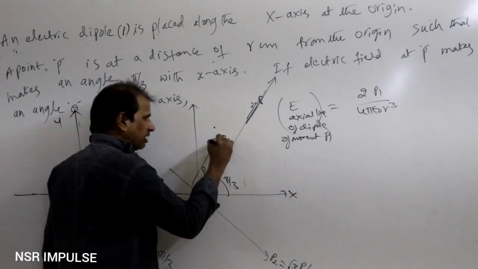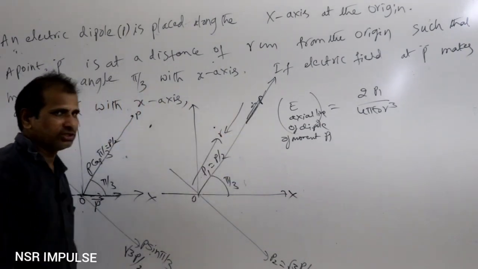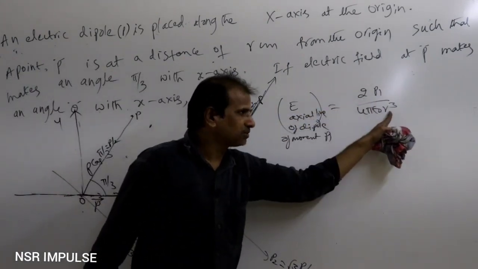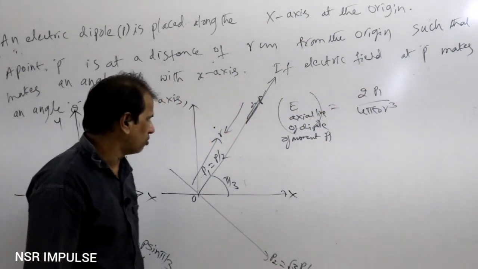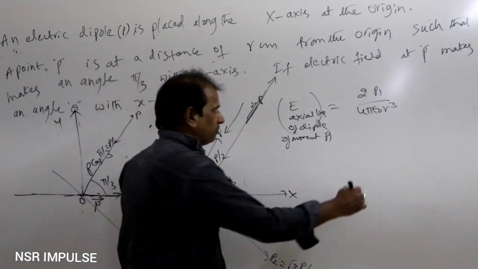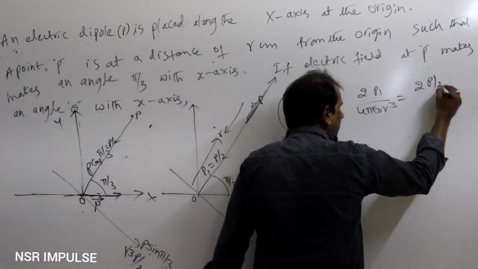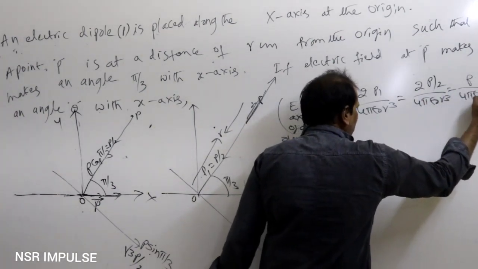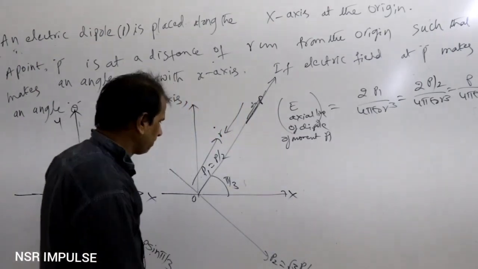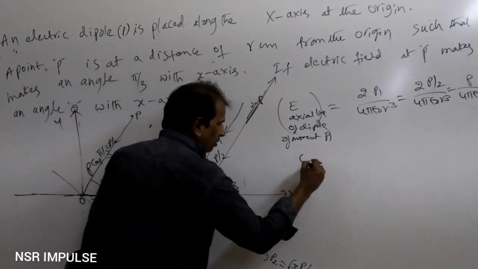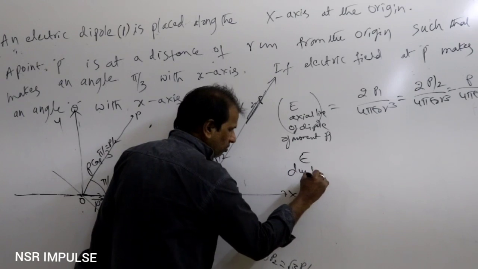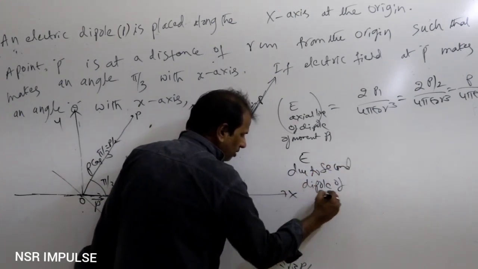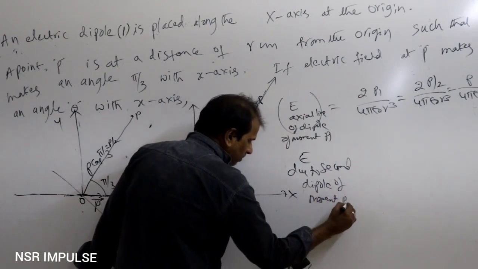This distance in the problem is given as r. This is the general formula 2P by 4 pi epsilon naught r cube. But P1 is the dipole moment. What is P1? P by 2. So you can write 2P by 2 by 4 pi epsilon naught r cube, P by 4 pi epsilon naught r cube.